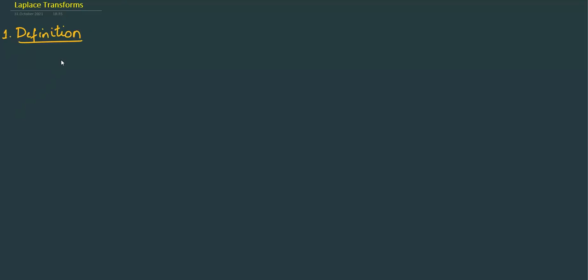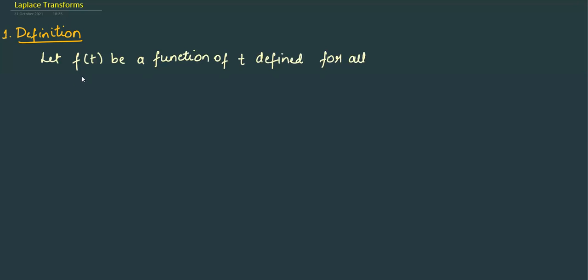So the definition of Laplace transform. Let f of t be a function of t defined for all positive values of t.